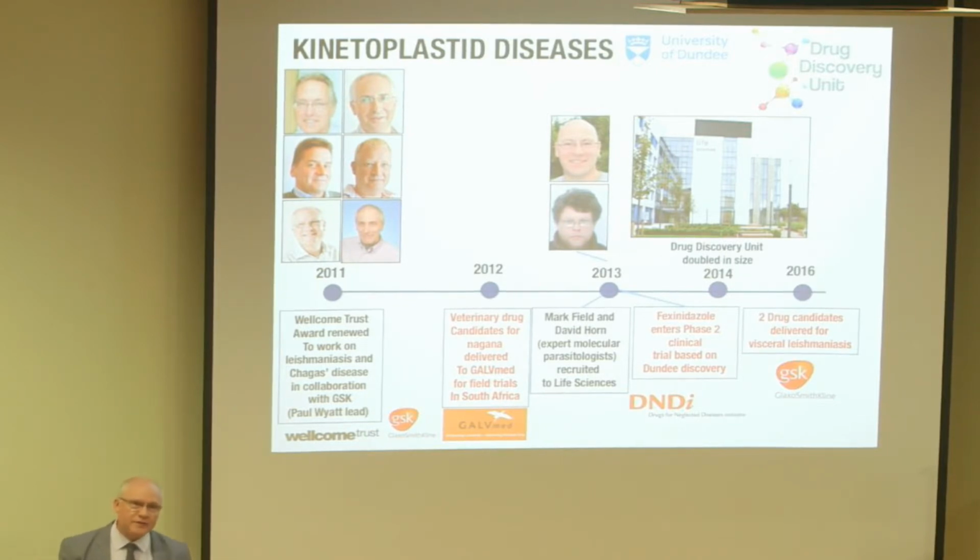So we have to collectively, as a society, come up with other business models to make this happen. Things have moved on a lot, and now companies, particularly GSK, are doing a fantastic amount of work to help develop drugs for neglected tropical diseases.